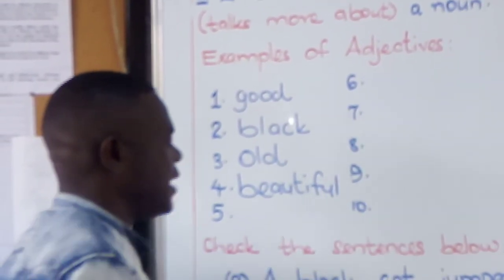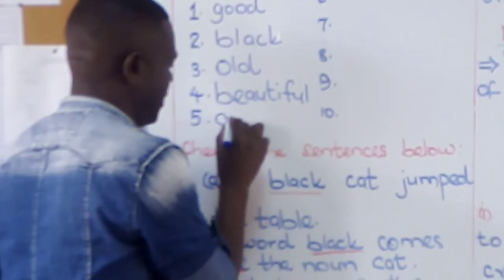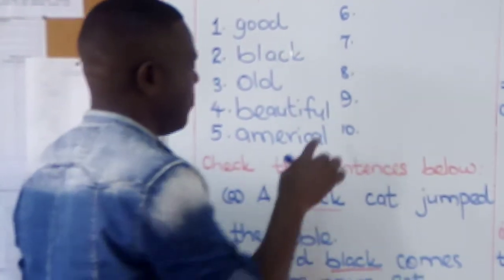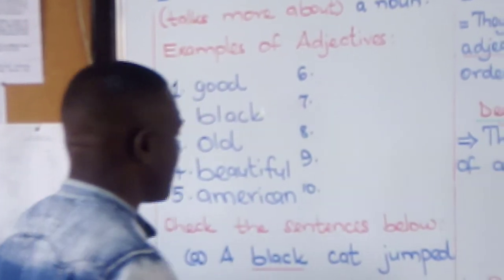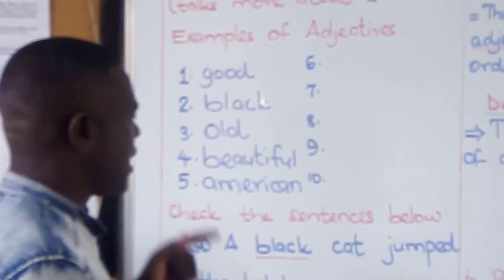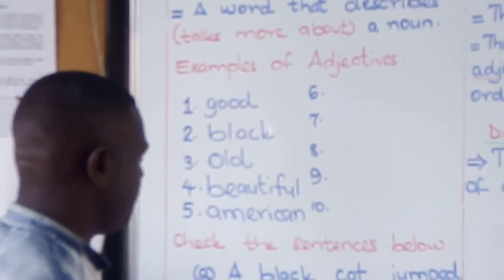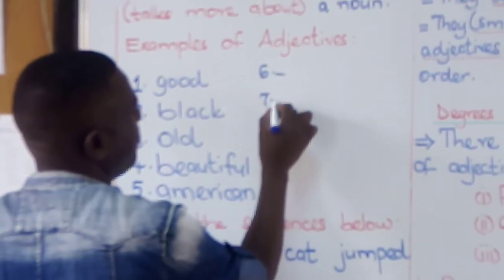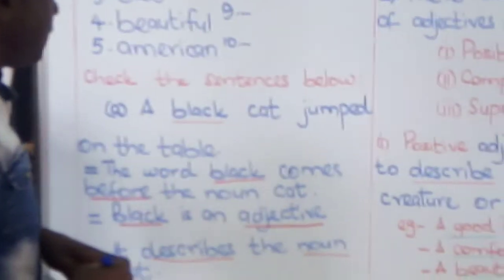The word beautiful is an adjective. Boys and girls, the word, for example, American. The word American is an adjective, just like African or Asian. That's an adjective. Boys and girls, help me fill the remaining adjectives here.